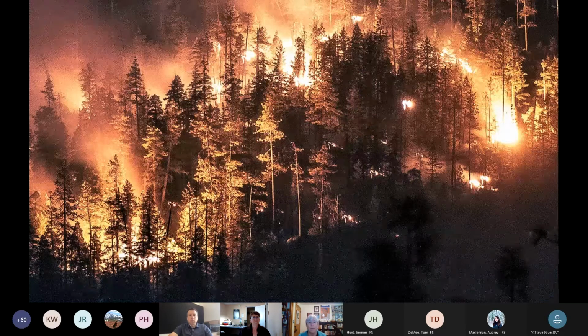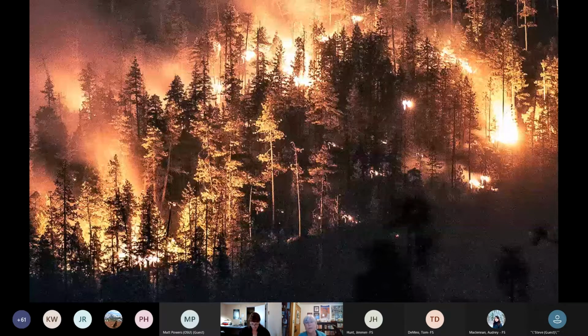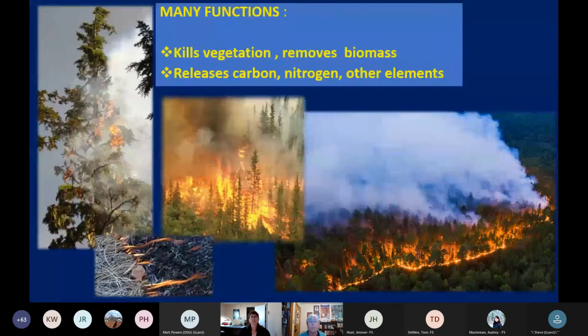I know I'm biased, but I do believe that fire probably is one of the, if not the most dominant process operating on our landscapes, and it operates at a variety of spatial and temporal scales. Fires perform many functions, and as fires are burning, most of what they do is kill vegetation, and they also remove biomass.